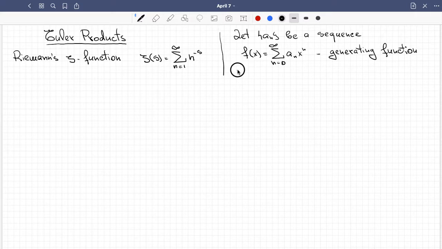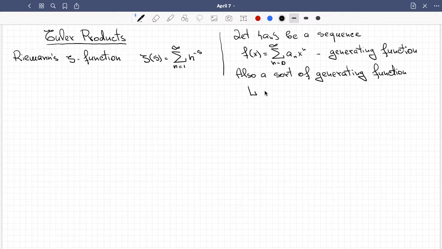Also a sort of generating function is presented by the following series: L of s to be the sum, and now I want to start with 1, not with 0, of a_n n to the minus s.